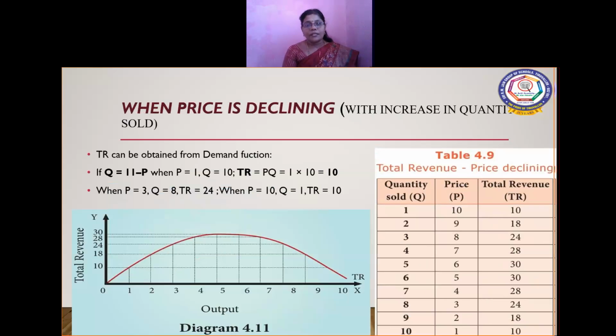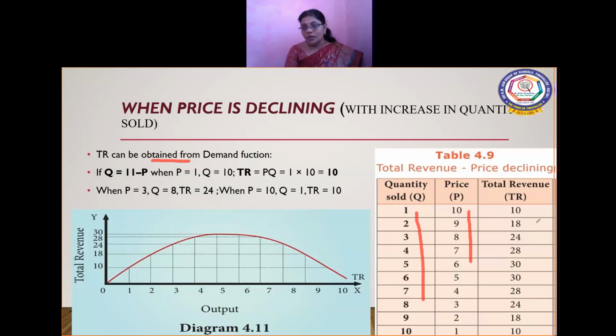Now we are going to discuss what will happen to the total revenue when the price is declining. It can be obtained from the demand function. In this tabular column, you can see the quantity sold is increasing from 1 to 5 and the price is declining from 10 to 1.